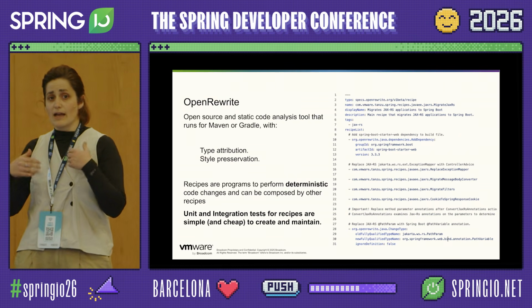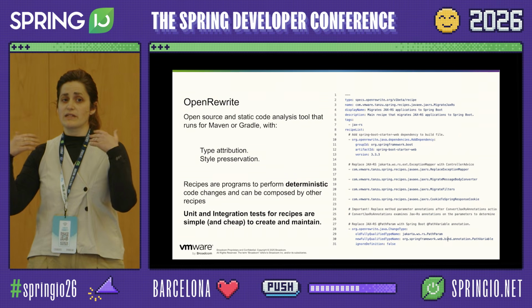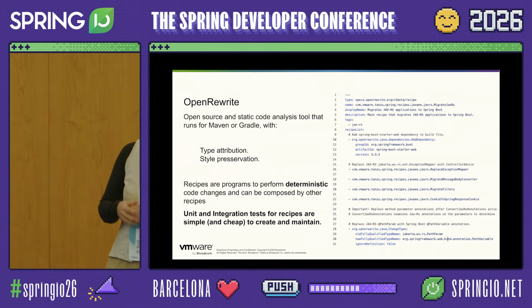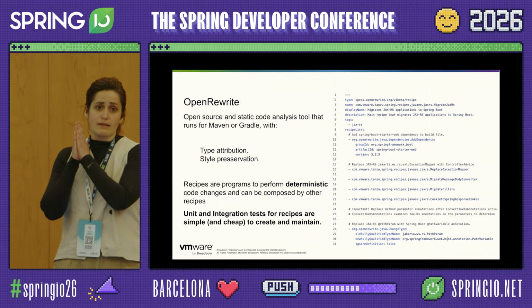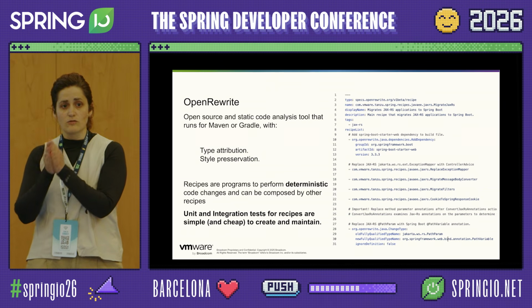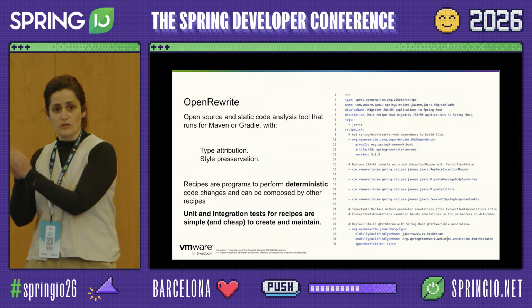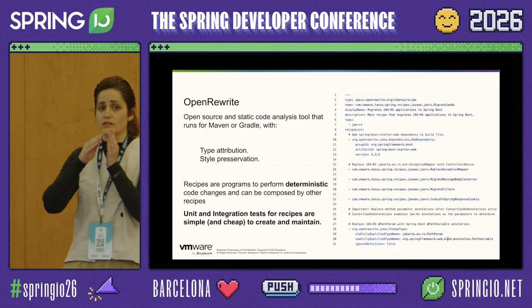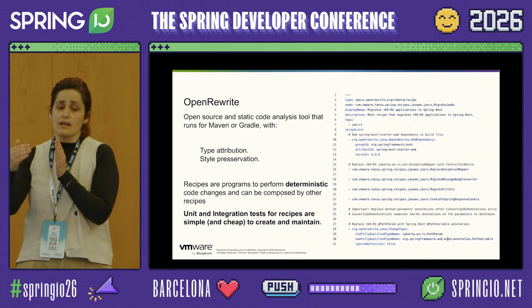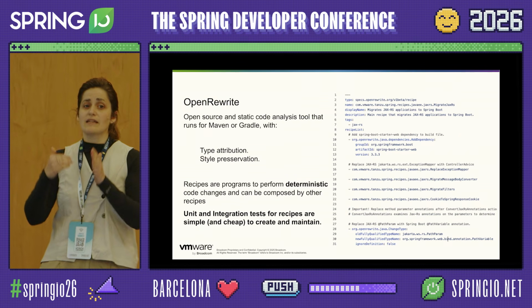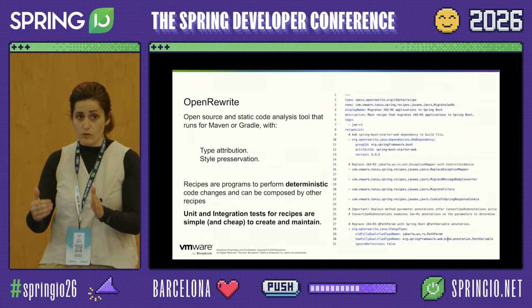And after making those changes, it preserves the existing style format, right? This is a perfect candidate to perform deterministic changes in your code base. And the most important thing to remember is that it's not only the part that is deterministic, but also the fact that because of this nature, it's very easy to test your code changes.